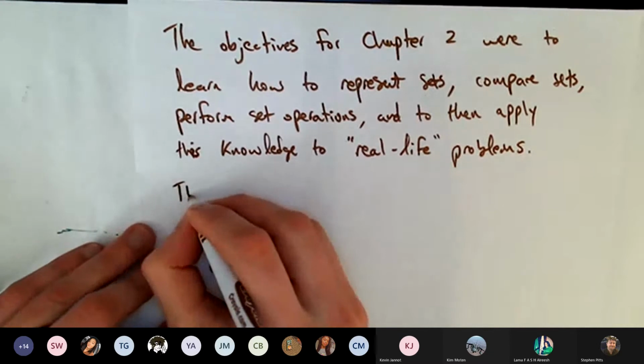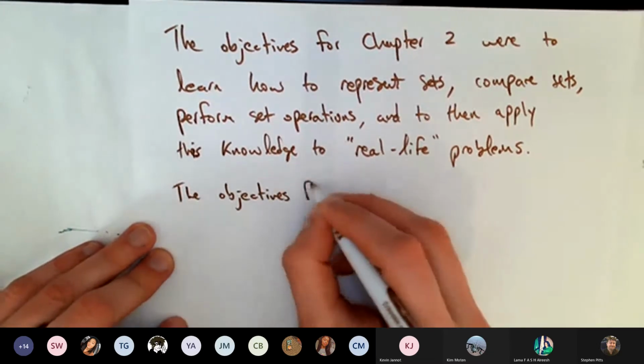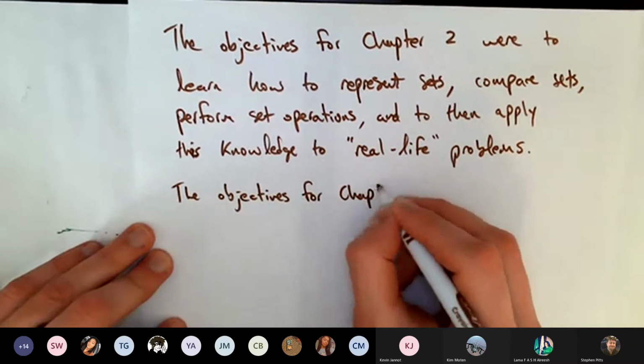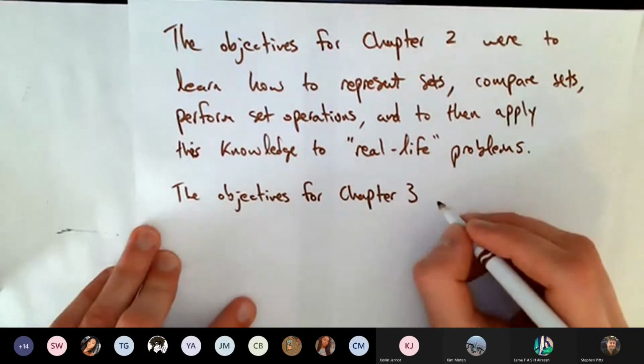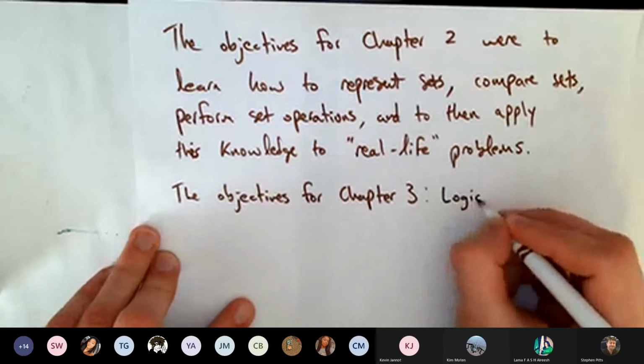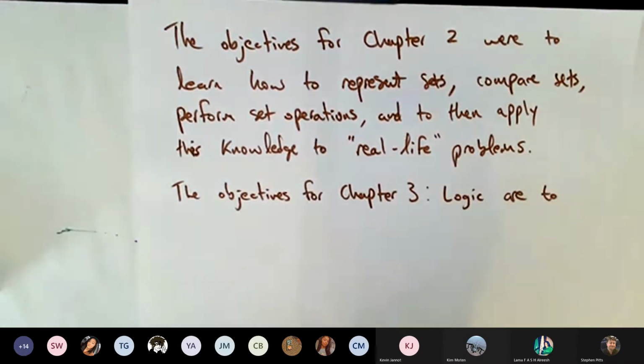The objectives for chapter 3, which is called logic, are to, so why are we learning about logic in a math class? And what's the point of it? How can I motivate you to learn about it?